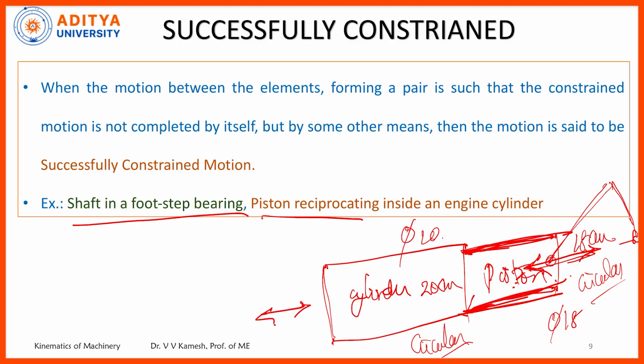So you are making some external arrangement, preventing one of the motions from happening. Got the point? The basic eligibility of the piston, a circular section inside another bigger circular cross section, is that it is able to rotate and it is able to reciprocate. But you are preventing the rotation by external means. So it is called successfully constrained.